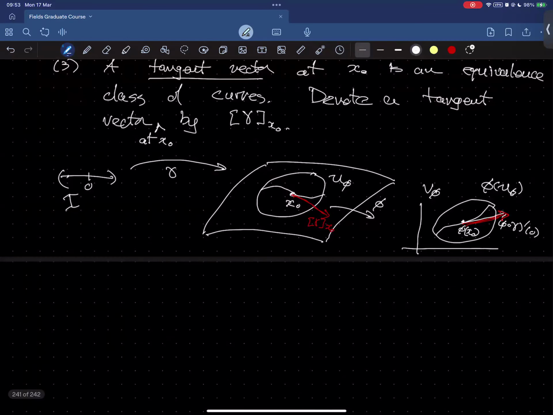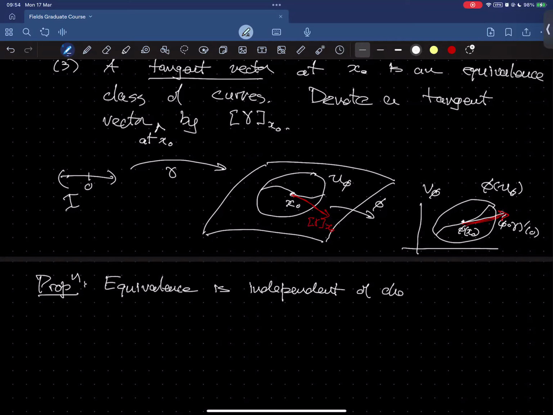So this is easy, and I'll not write a super careful version of this. I'll just say equivalence is independent of chart. This is a mnemonic for an actual statement, and my proof will be a mnemonic for an actual proof.